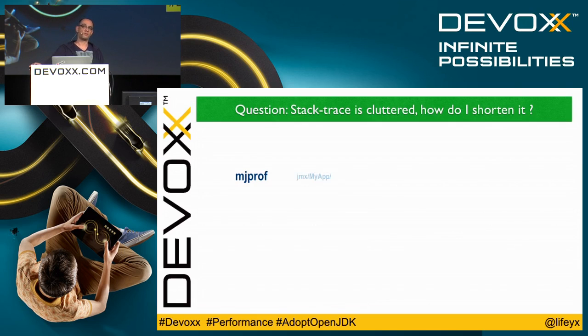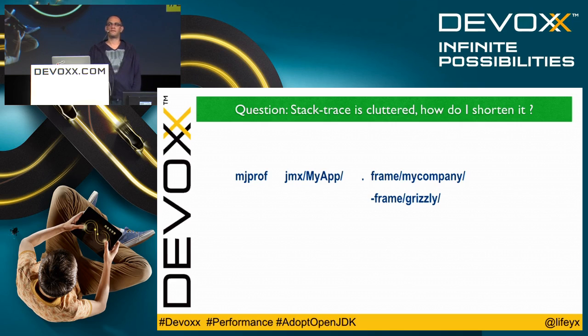You run mjprof again. This time I collect the information via JMX, and I want only the frames that contain information of my company, that have my company in the package name or in the class name.